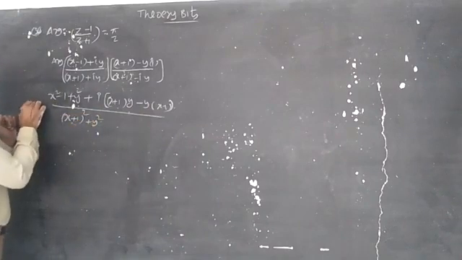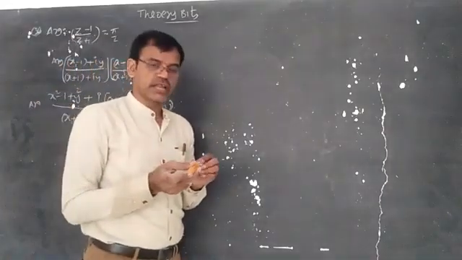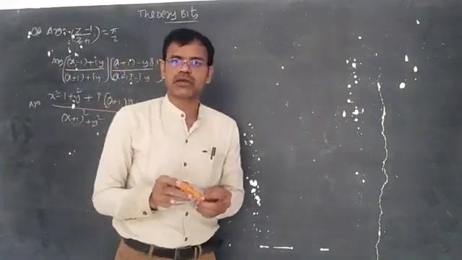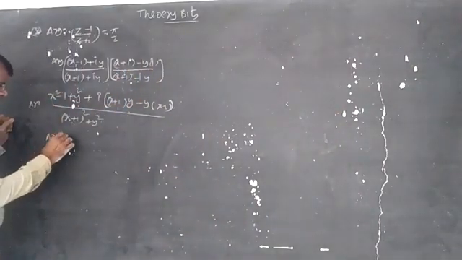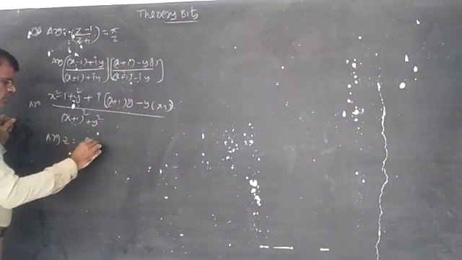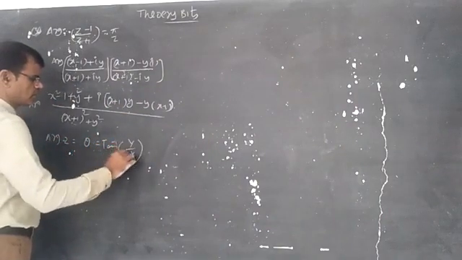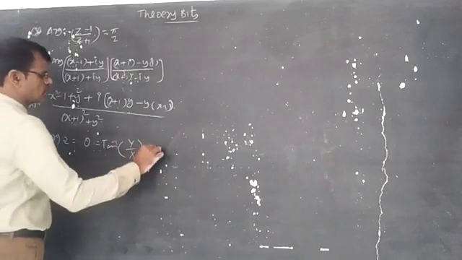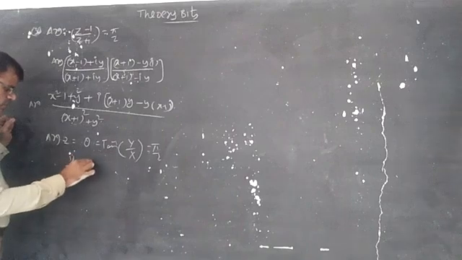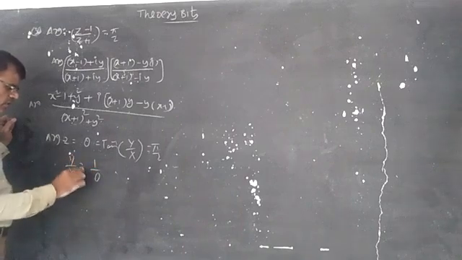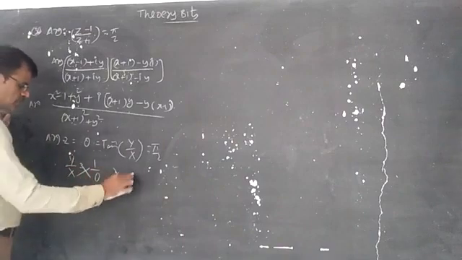Argument of a complex number is tan inverse of imaginary part by real part. So theta is equal to tan inverse of imaginary part by real part. It is given as pi by 2, so tan 90 is infinity, which can be understood as 1 by 0.